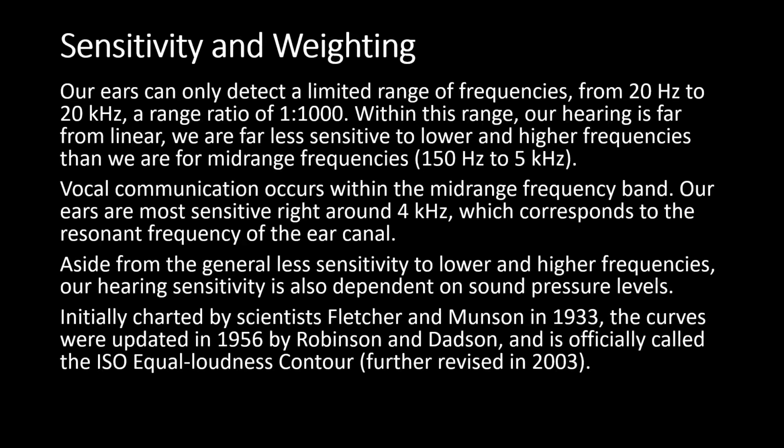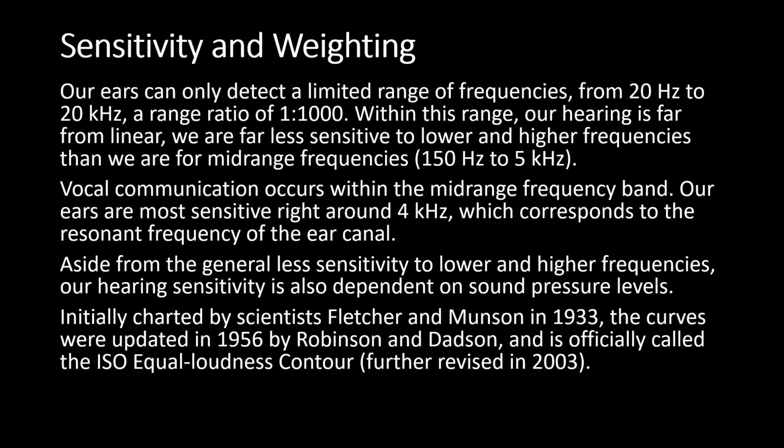We are far less sensitive to the lower and the higher frequencies than we are to the mid-range frequencies, say from about 150 hertz to 5,000 hertz. Most vocal communication occurs in the mid-range frequency band, with our ears being most sensitive right around 4 kilohertz, which corresponds to the resonant frequency of the ear canal.